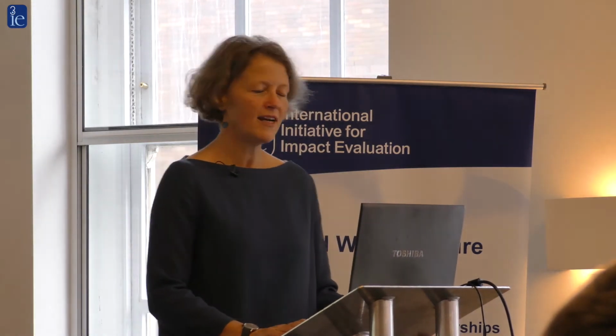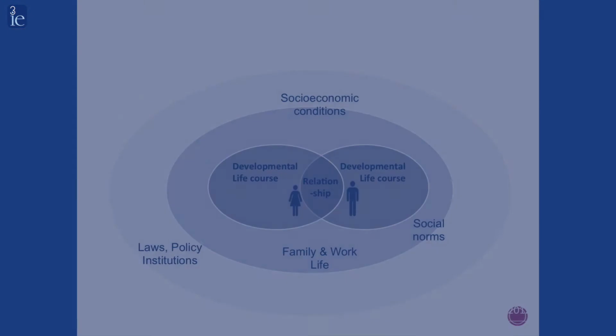When we look at the evidence on what drives risk, the evidence points very strongly to the fact that there isn't one risk factor. There's a combination of factors acting at different levels that ends up increasing a woman's risk of experiencing violence or not, or a man's risk of perpetrating violence or not.